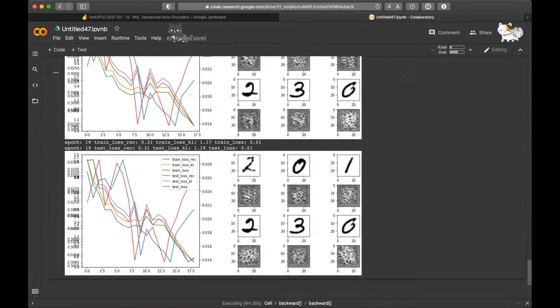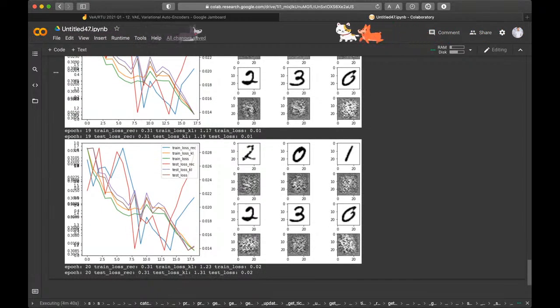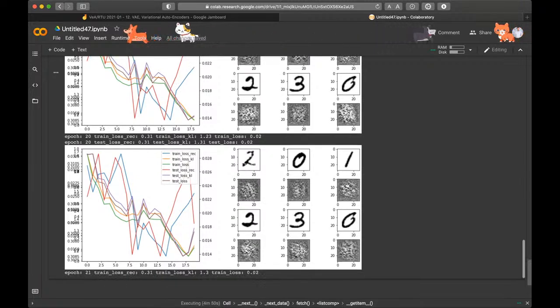So the reconstruction loss jumped, but that is still on the test side. Oh no, the train also jumped. Okay, the KL jumped, so that's an interesting thing. If the KL starts jumping, that is a good sign.